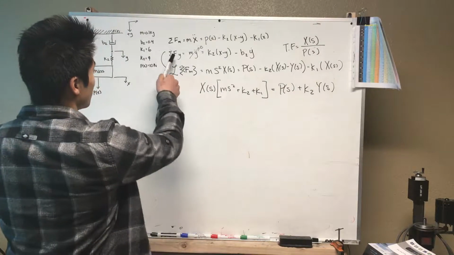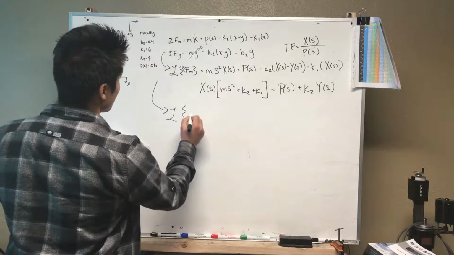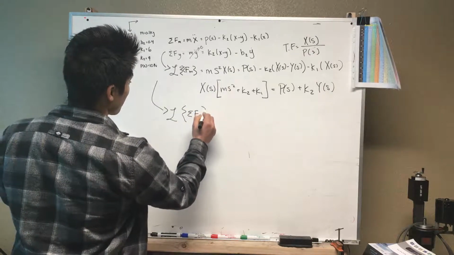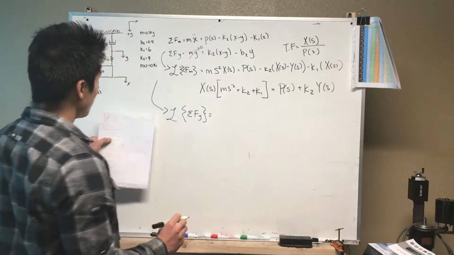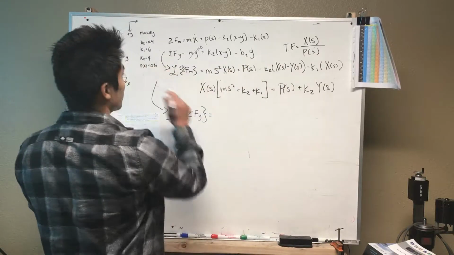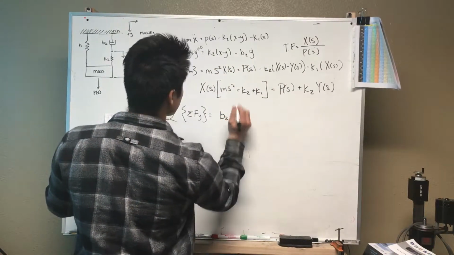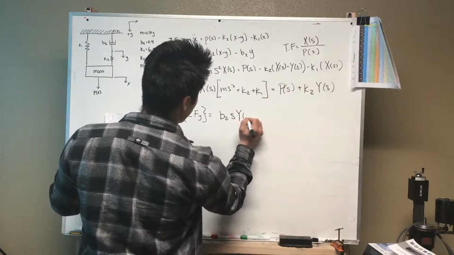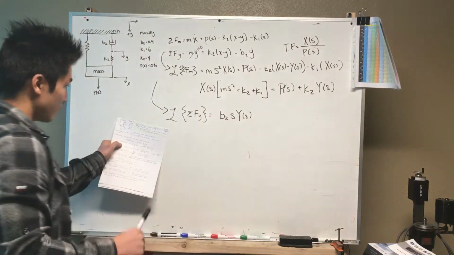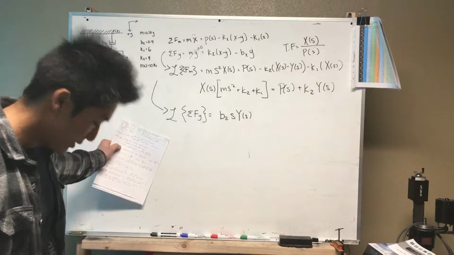And from this one, we take the Laplace of the sum of the forces at y. We take this one over on this side because the mass term is 0, and we have b2 s Y(s), because this is a derivative, and the Laplace of a derivative has an s, and we're saying that initial conditions are 0.